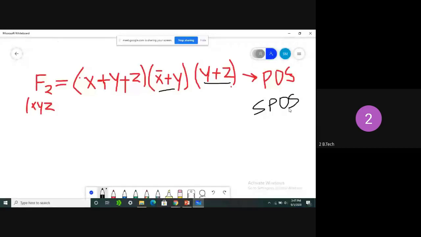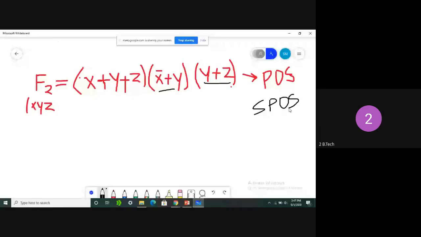Why? Because this is a product term, and in a product the multiplication identity is 1. So multiplying with 1 does not alter its value. Likewise here we can add 0 so its value does not change.